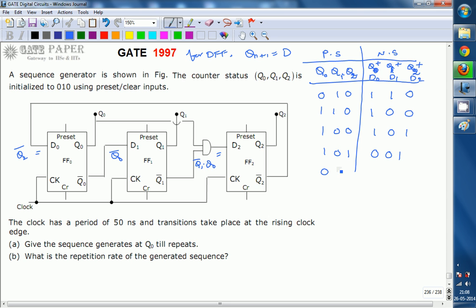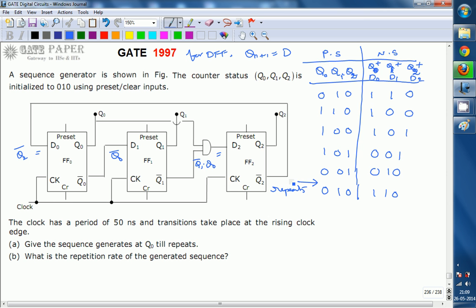For 001, the next state is 010, and from here the sequence repeats, because 010 is the initial state. So the states it goes through are 010, 110, 100, 101, 001, and again it repeats from 010 onwards.